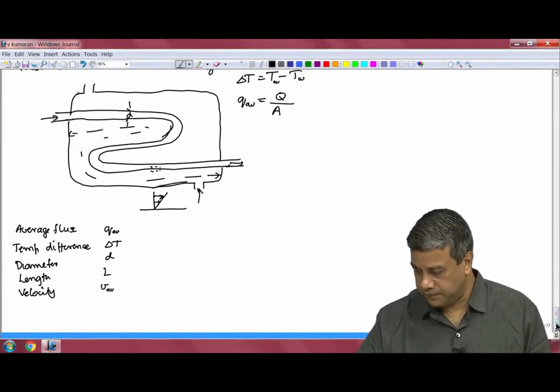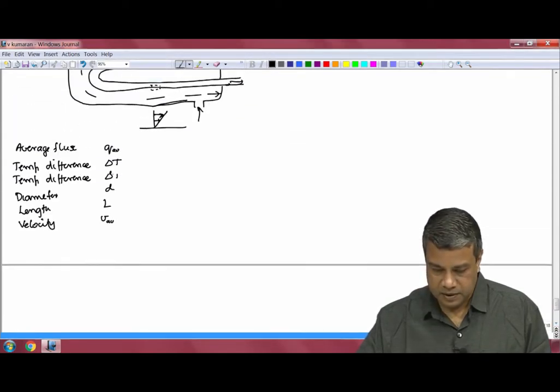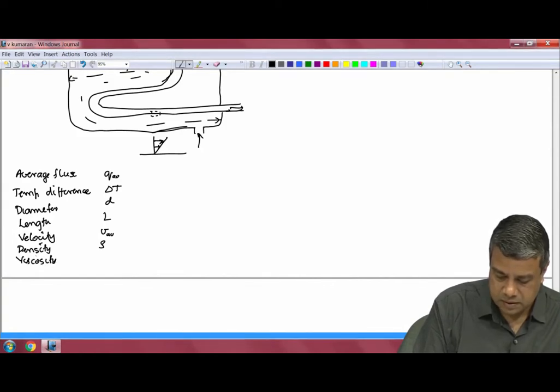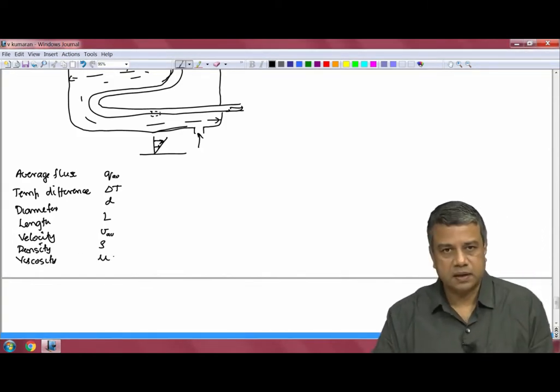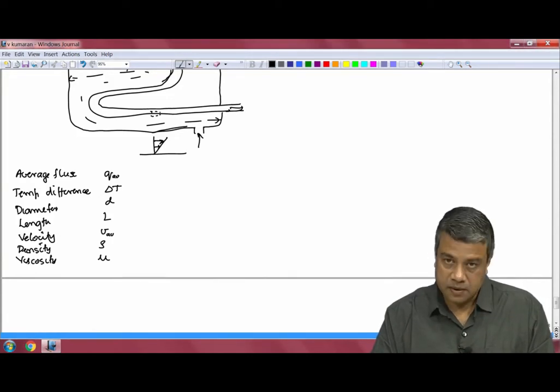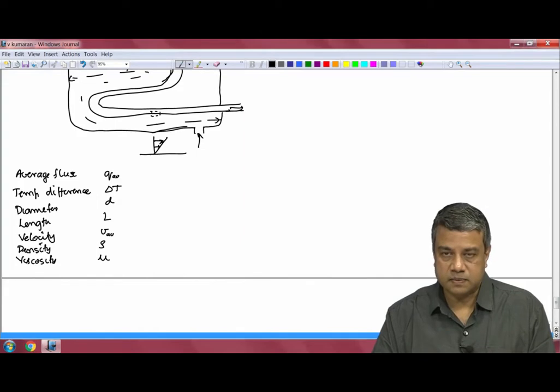The flow properties: density, rho, viscosity, mu. And in addition to this, there are the thermal properties which determine the rate of transport. Thermal properties are the specific heat and the thermal conductivity.